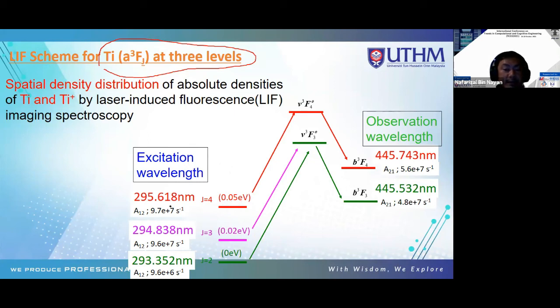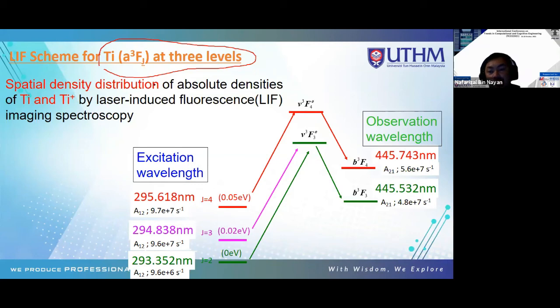We can use a laser to excite this neutral atom to another level, which is v3F. This is the name of this energy level for titanium.